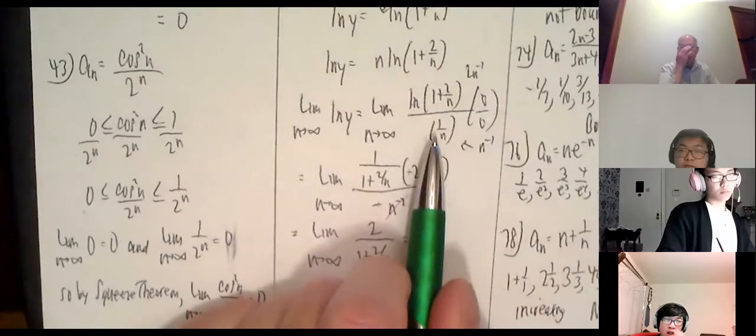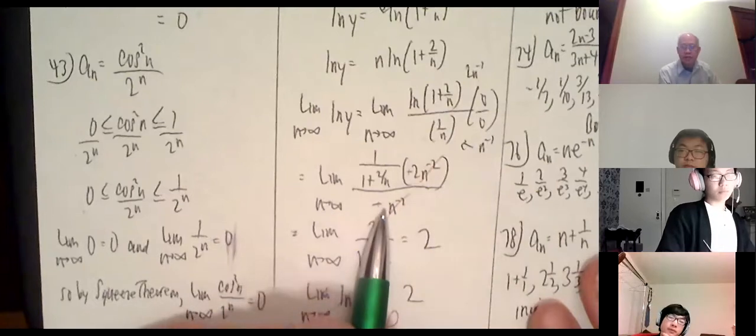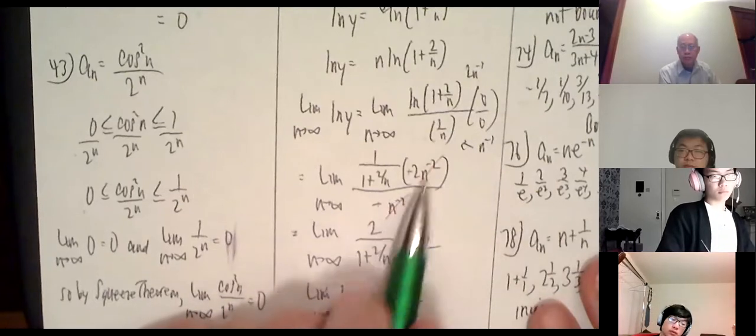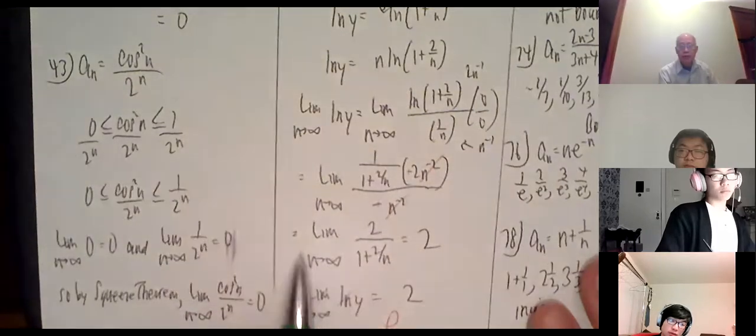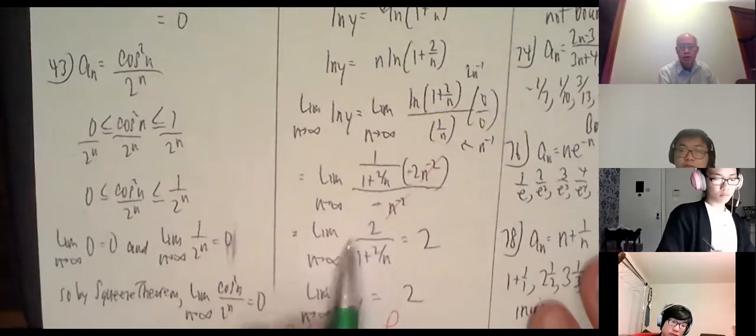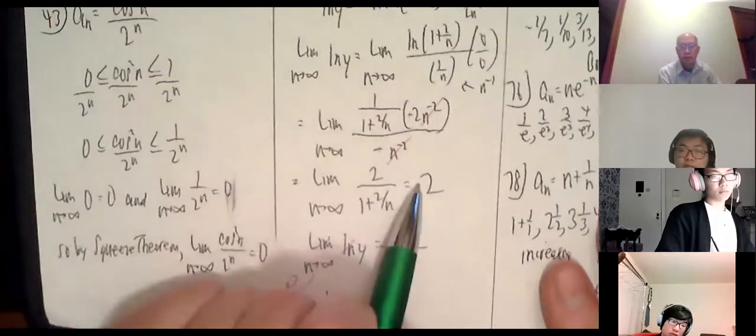At the bottom, 1 over n treated as n to the negative 1. Its derivative is negative n to the negative 2. And then negative 2 cancels out. Double negative makes it a positive. Sneak the 2 up there. So I have limit as n approaches infinity of 2 divided by 1 plus 2 over n. That comes out to be 2.